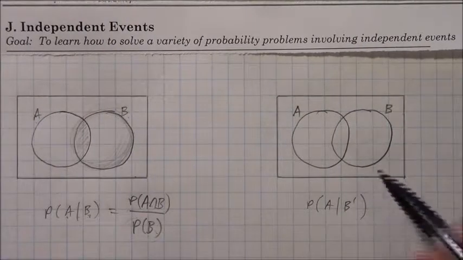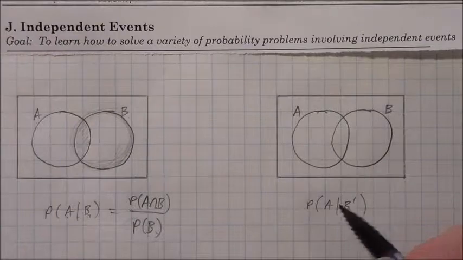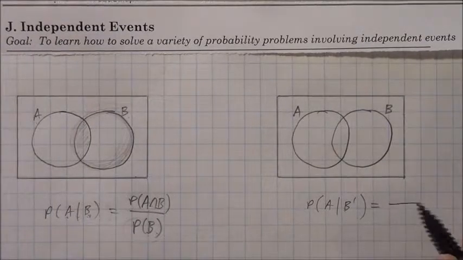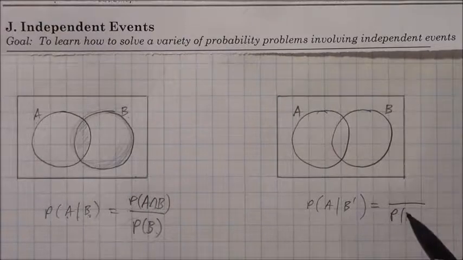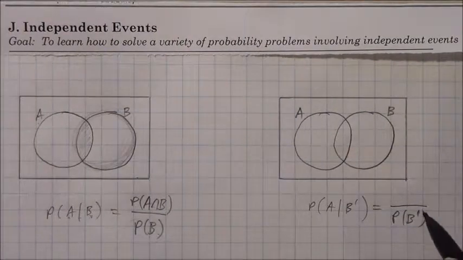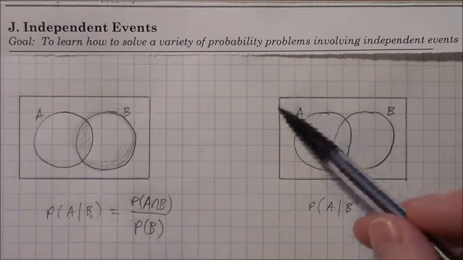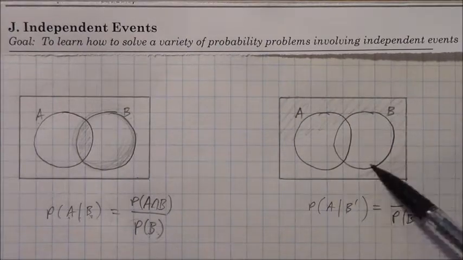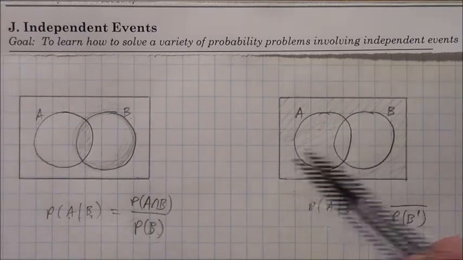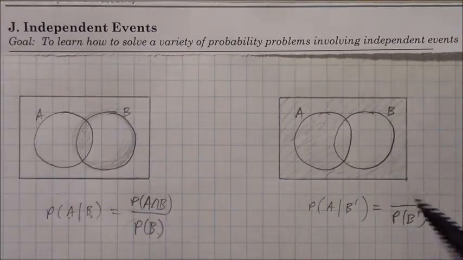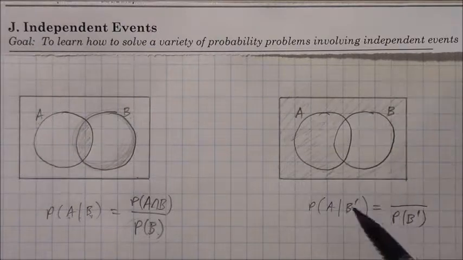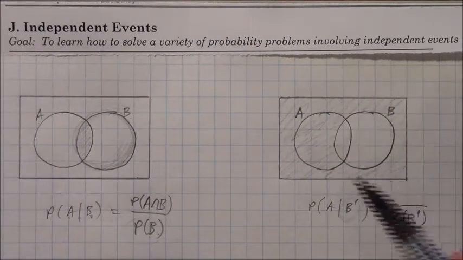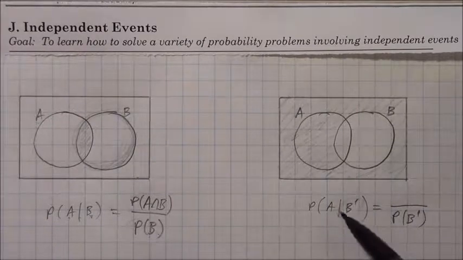Likewise, if we have the probability of A given that B does not occur, again we're saying that B is not going to occur this time, the complement of B. The complement of B is everything outside of B. So given that B has not occurred, everything outside here, what's the probability that A does occur?